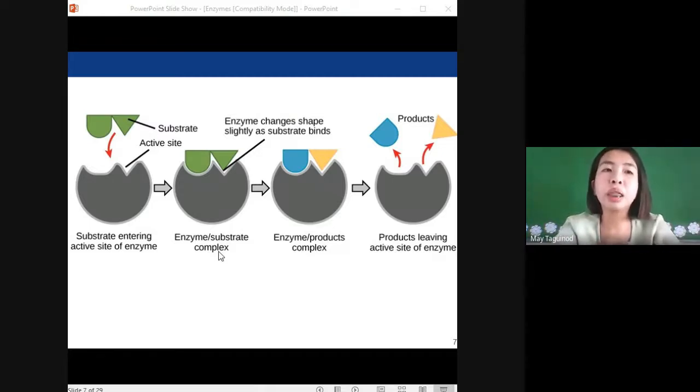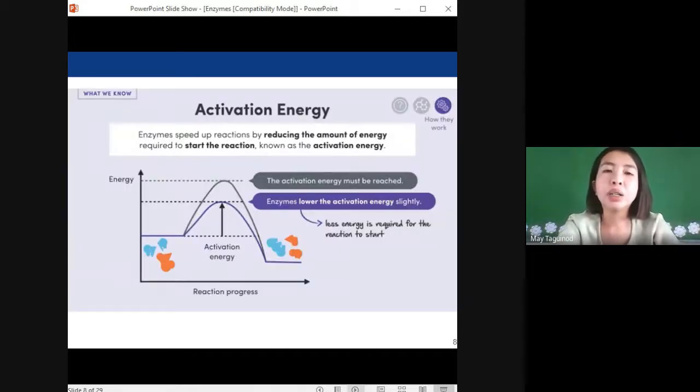Okay, so there are things we know and things we don't know about how enzymes actually work. Enzymes speed up reactions by reducing the amount of energy required to start the reaction. It is known as the activation energy. Imagine the activation energy as a hill or a barrier.